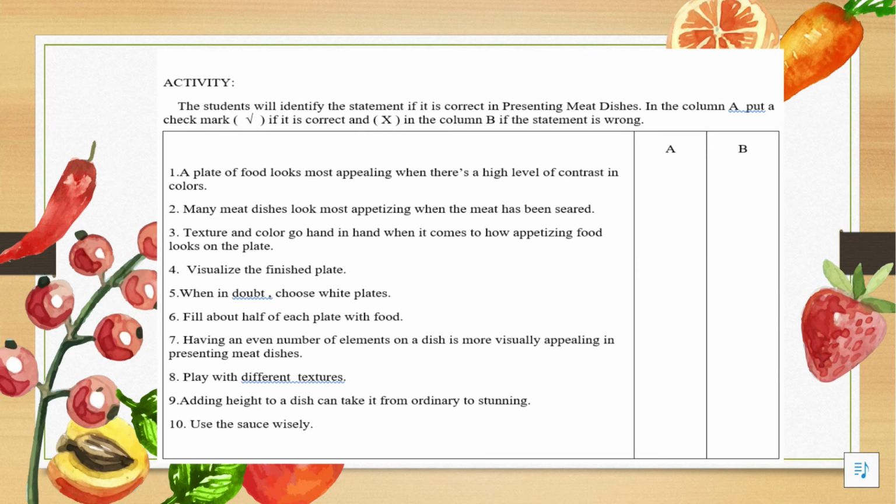For this activity, ladies and gentlemen, based on the statement or the direction, the students are going to identify whether the statement is correct in presenting meat dishes. In column A, you're going to put a check mark if it is correct and a cross mark in column B if the statement is wrong in presenting meat dishes.